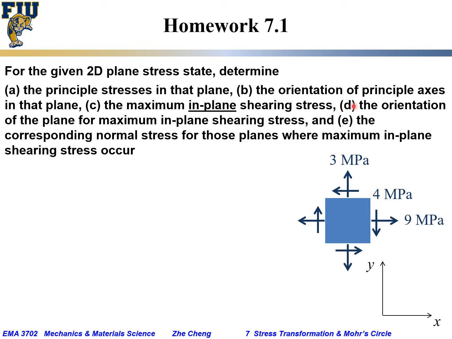The orientation of the principal axis in that plane. In which direction does the principal axis occur? The maximum in-plane shearing stress, just the in-plane, not the three-dimensional, and the orientation of the plane for maximum shearing stresses.